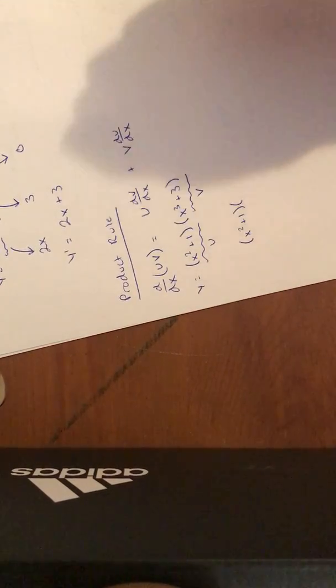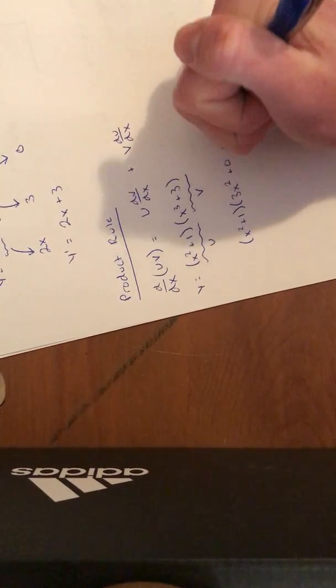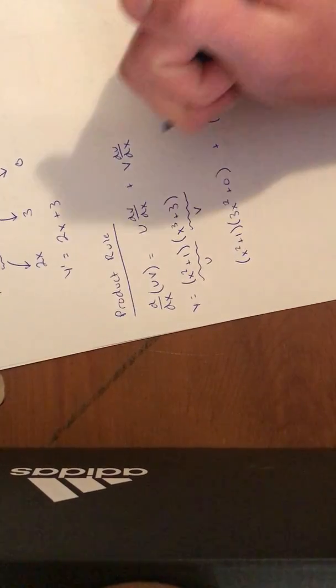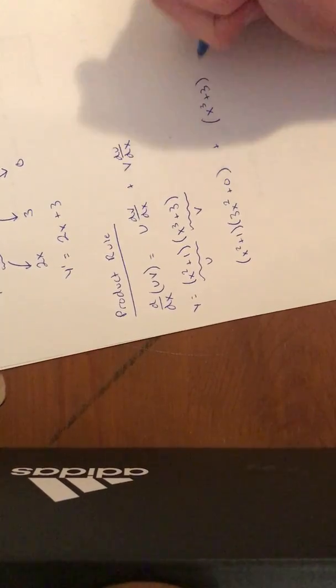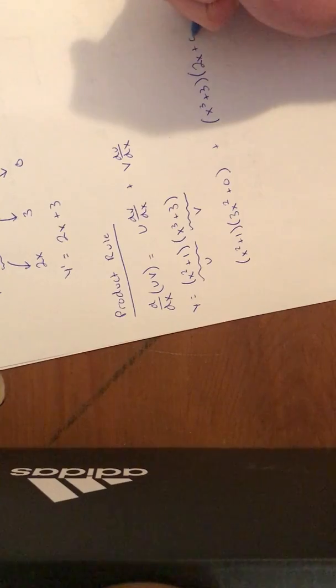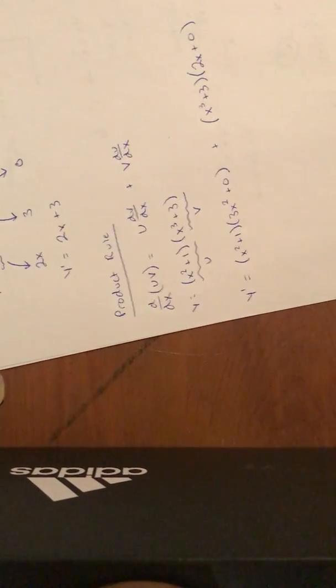The derivative of v is 3x squared plus 0, plus v, x to the third plus 3, times the derivative of u, which is 2x plus 0. So that's the product rule.